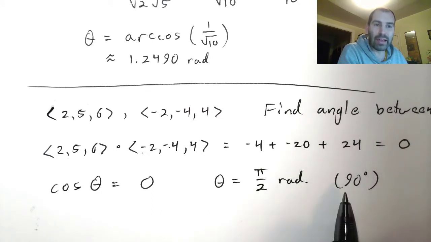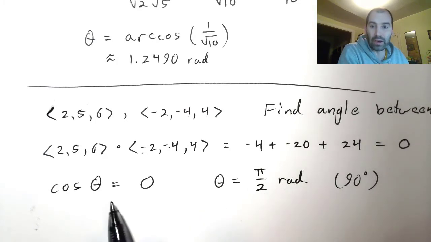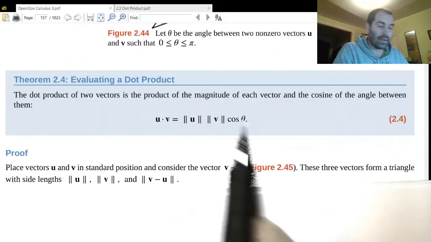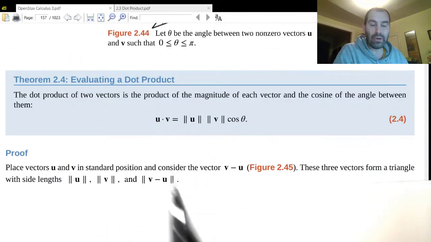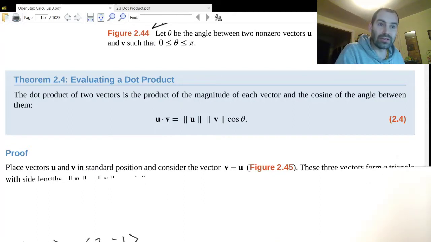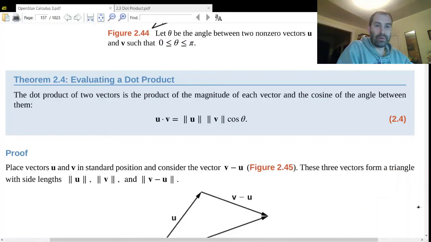If ever the angle between two vectors is 90 degrees, or pi over 2 radians, cosine of theta will be 0, and so that means their dot product will have to be 0. Right? So this is a really interesting relationship, because if the angle between the two vectors is 90 degrees, that means the vectors are orthogonal, or perpendicular. And that's a very important property.